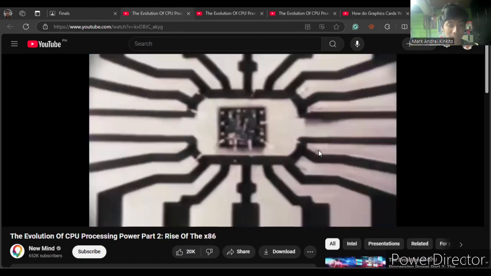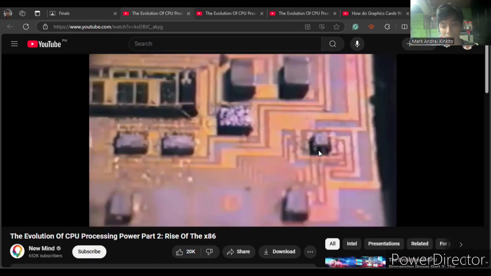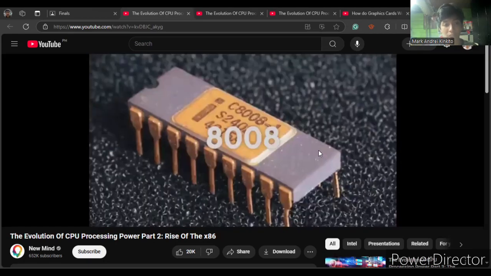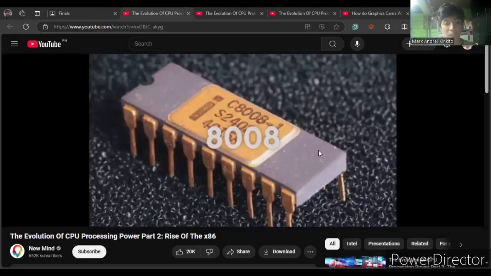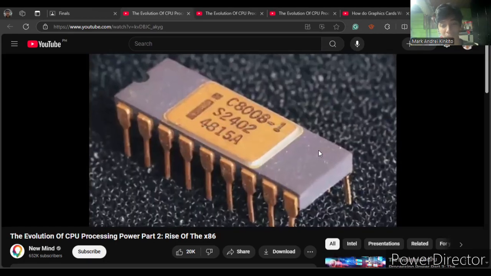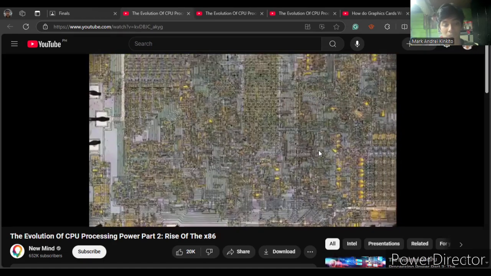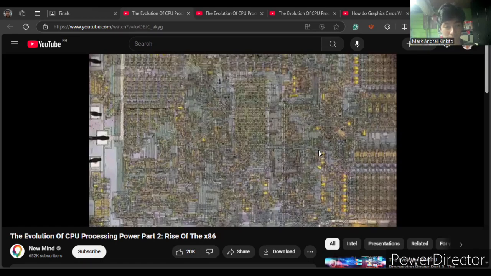As CPU implementations progressed in the 1970s, designs became more robust, featuring faster clock speeds, larger address capacities, and more elaborate instruction sets. Intel's next major contribution to this evolution was the 8008.